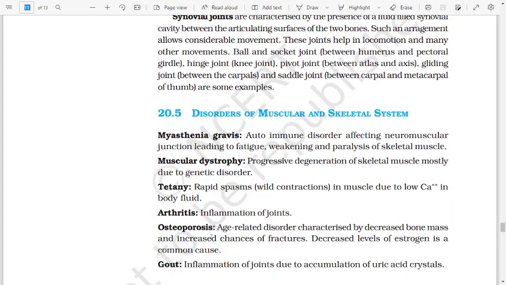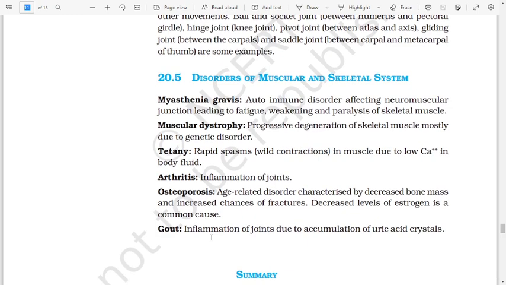Disorders of the muscular and skeletal system. Myasthenia gravis: an autoimmune disorder affecting the neuromuscular junction, leading to fatigue, weakening, and paralysis of skeletal muscle. Muscular dystrophy: progressive degeneration of skeletal muscle, mostly due to a genetic disorder.